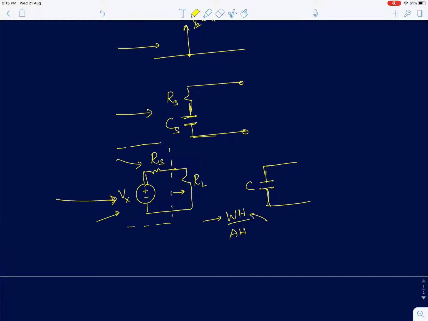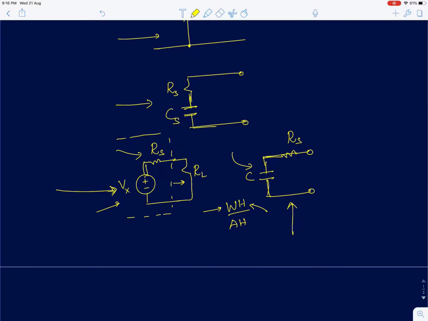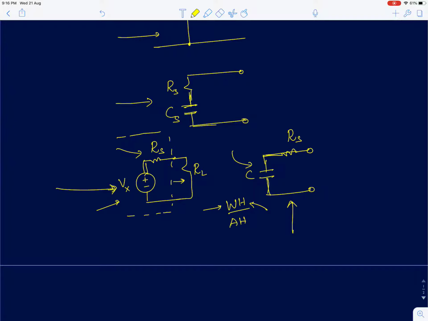So if you want to model a voltage source as a finite energy source, we'll have to model it as a capacitor. And to capture the finite power nature, we'll model it with a series resistance. So this model captures both the finite power and energy nature of a practical voltage source, like a battery or a charged capacitor.